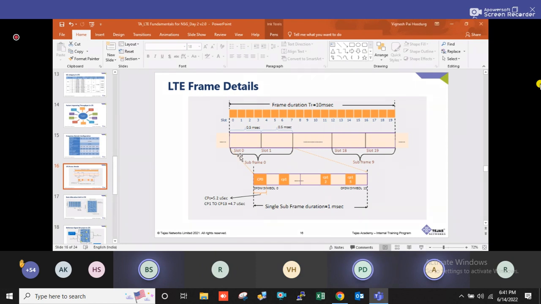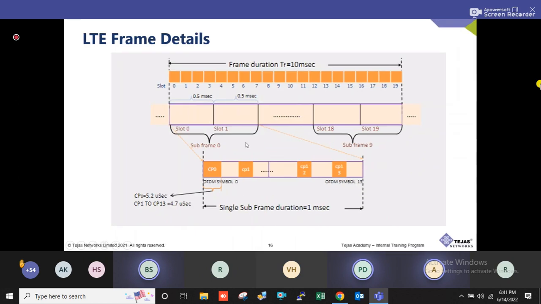Because in one symbol, it is for one user. No, not one symbol for one user. The user allocation will be this much. So you can say it is 14 OFDM symbols. A user will get at least 14 OFDM symbols.